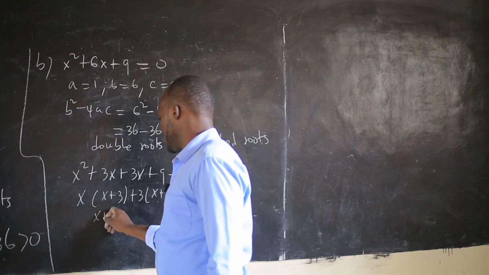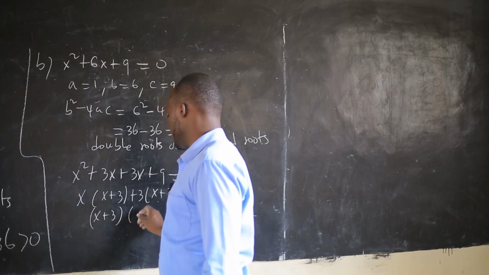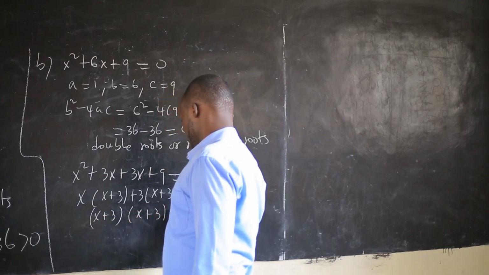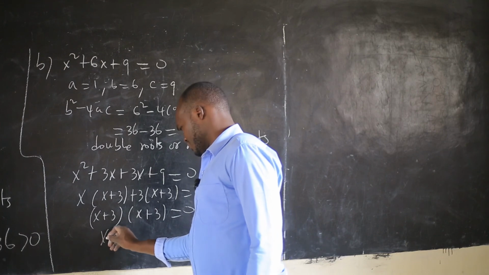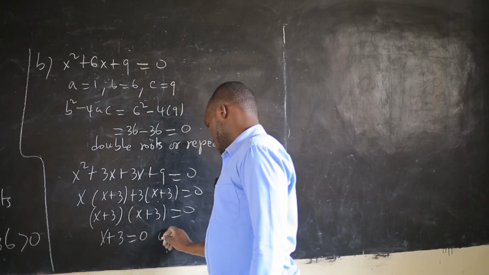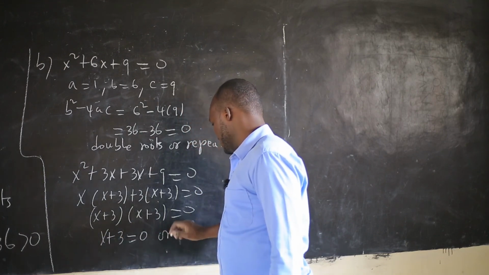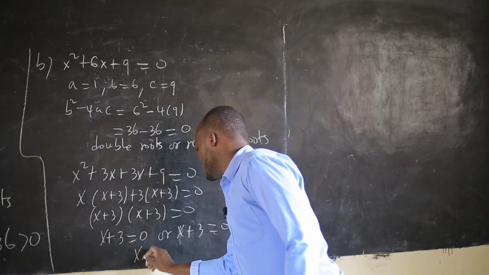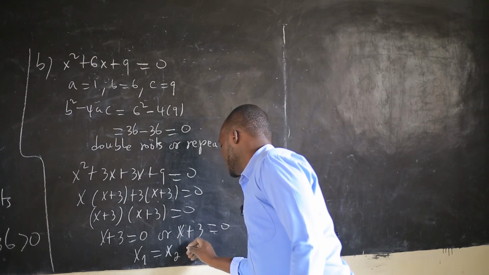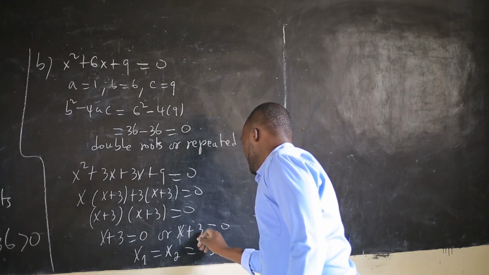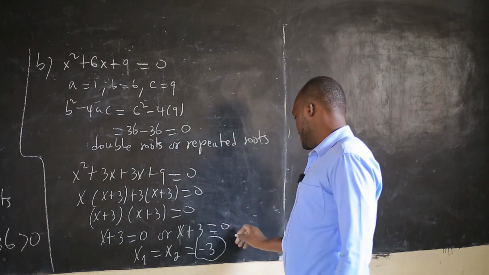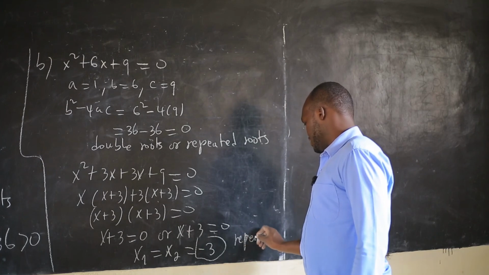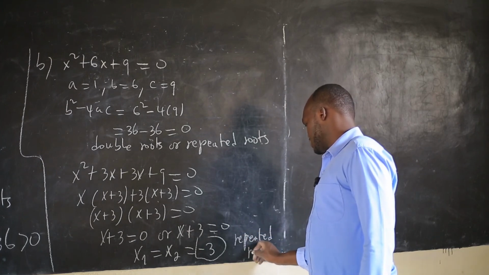It will be x plus 3 into bracket x plus 3 equal to 0. You see x plus 3 is 0 or x plus 3 is 0. So that means x1 is the same as x2, equal to negative 3. You see we have what we call repeated roots.